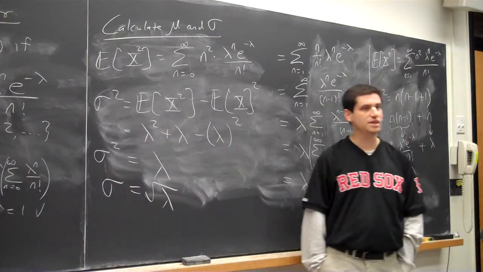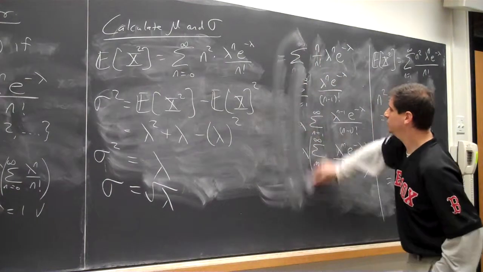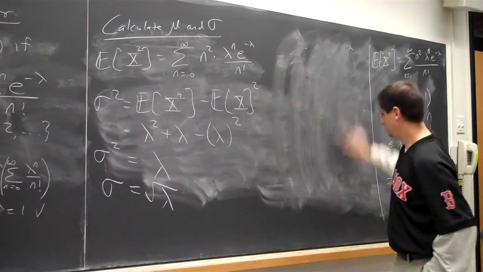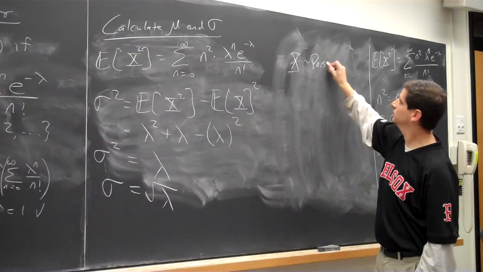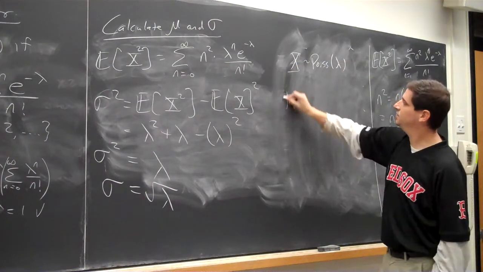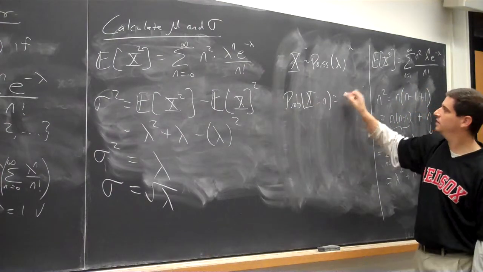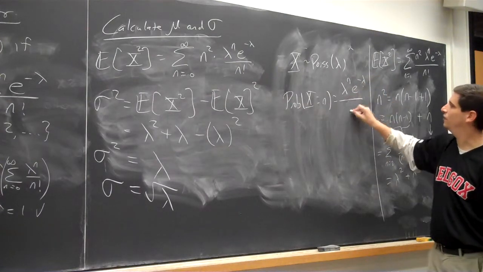So it all comes down to thinking, what is our variable of interest? Let me just write again the definition of Poisson. X is Poisson with parameter lambda means the probability that it takes on the value n is lambda to the n e to the minus lambda over n factorial.